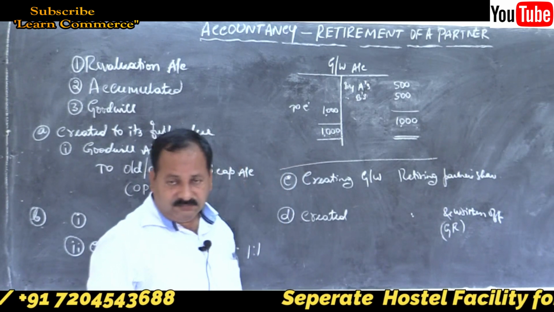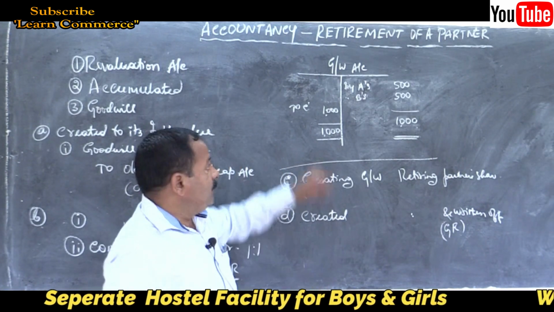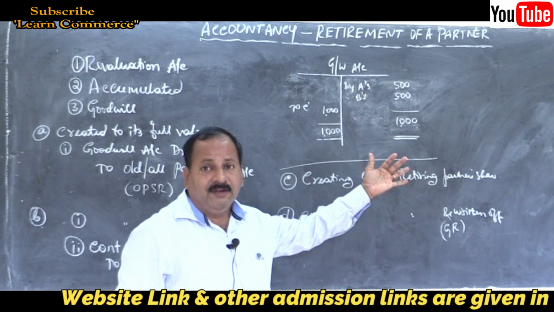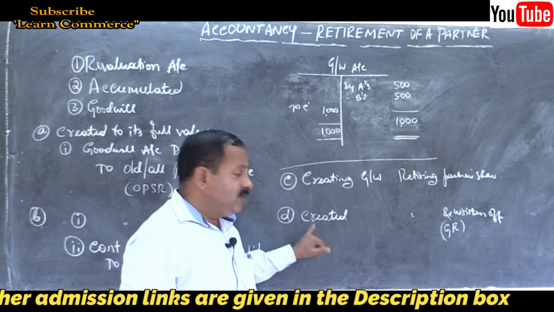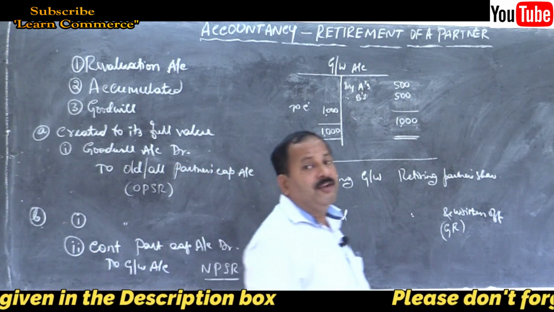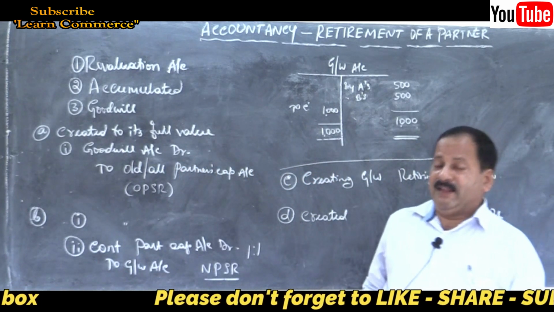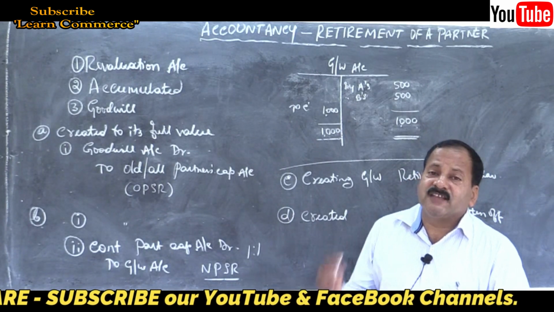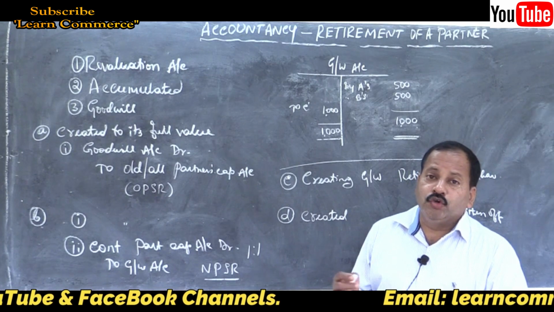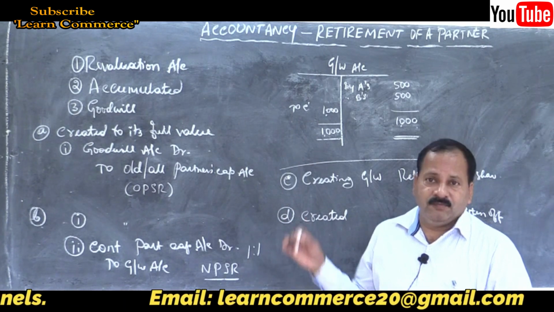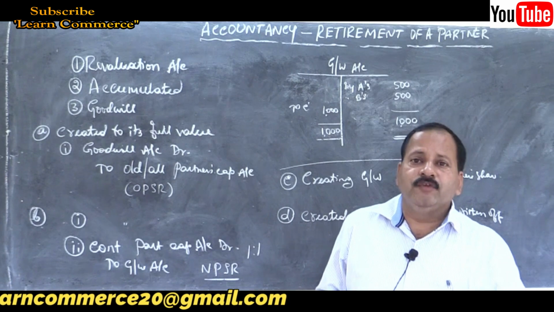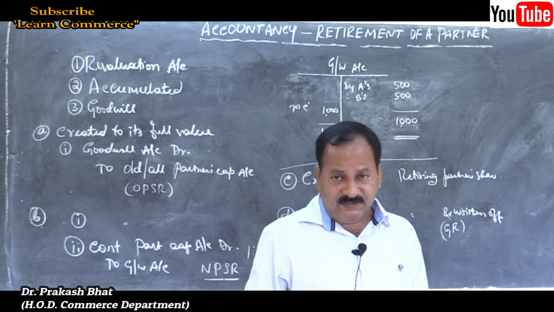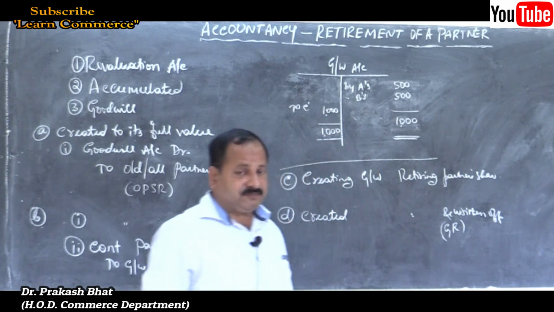No, it gets closed. Debit side total 1000, credit side total 1000. There is no balance in the goodwill account. So under the fourth method, when goodwill is created to the extent of retiring partner's share only, and when it is written off to the continuing partners' capital account in their gain ratio, goodwill balance will be 0. So in the new balance sheet, goodwill will not appear. So this is what the fourth method is.